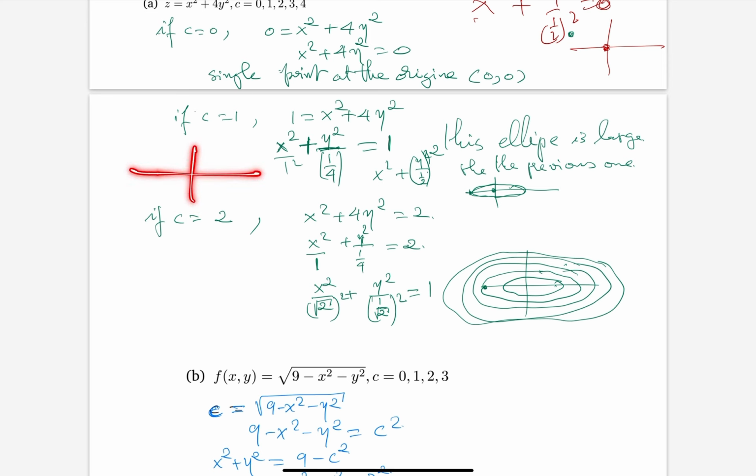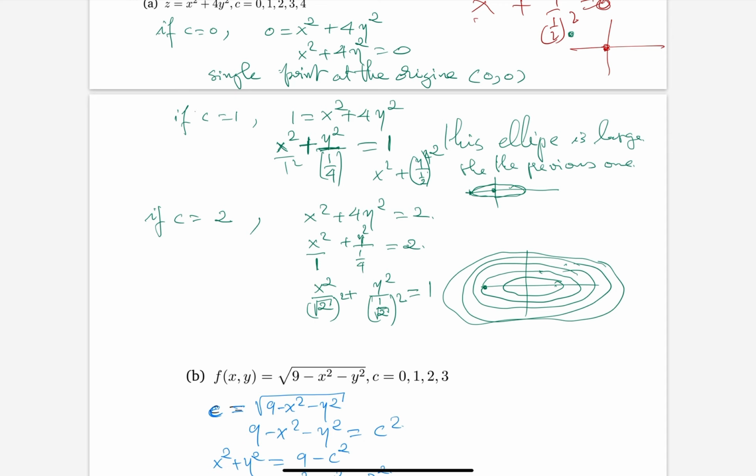It means on the x-axis you have 1, and on the y-axis you have 1/2. This is elliptic form. You can tell the x-axis is larger than the y-axis, because on the x-axis you have 1, and on the y-axis you have 1/2.